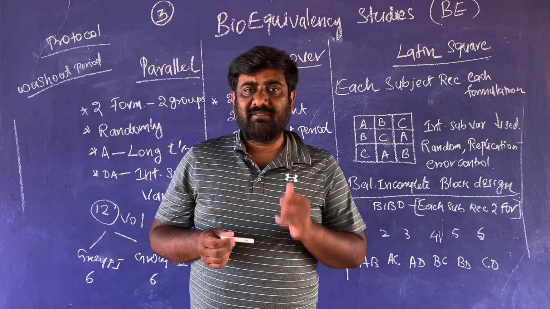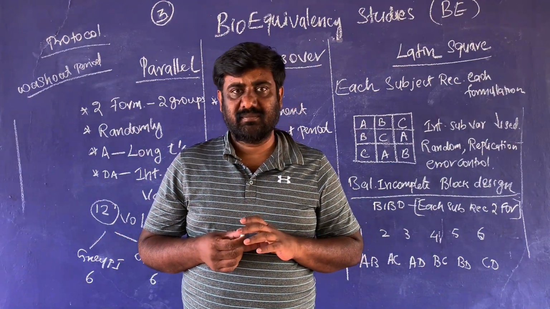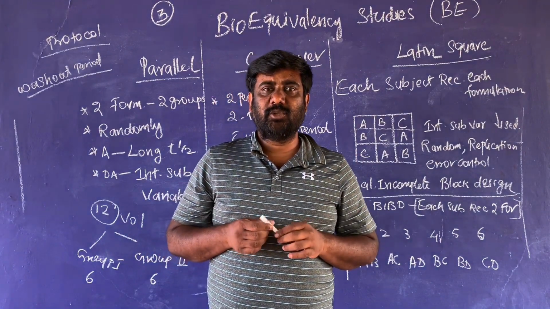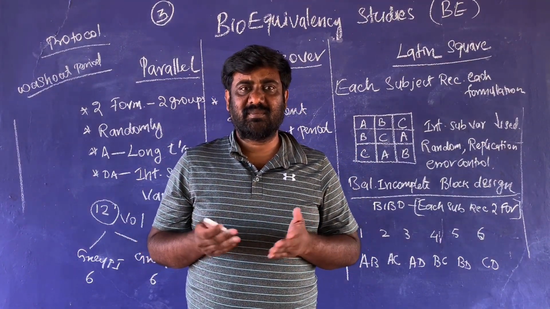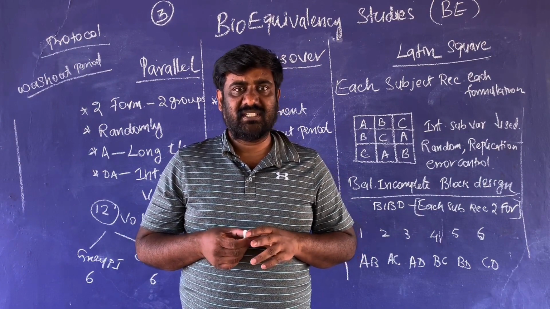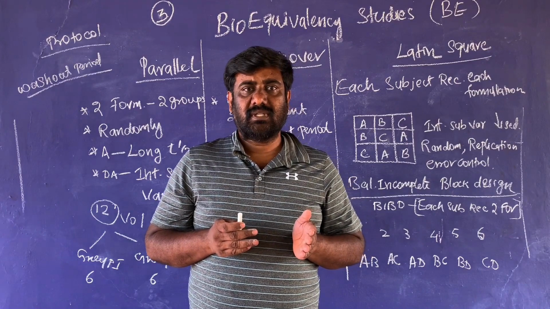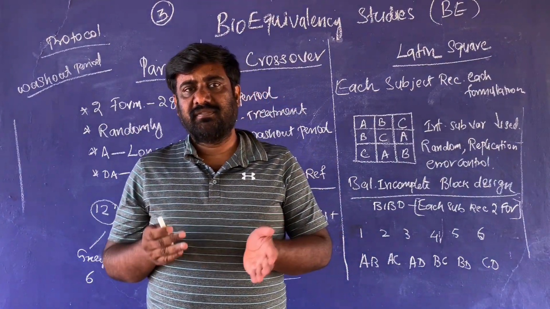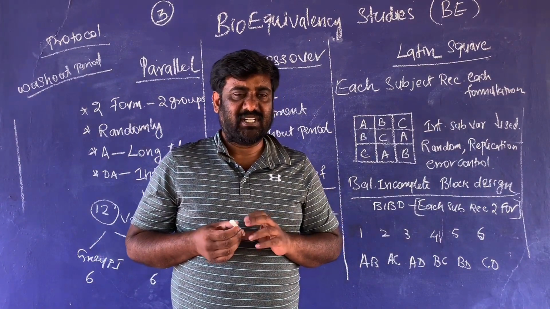Generally the in vivo study is done with healthy human volunteers. When selecting the human volunteers, we must use as few human volunteers as possible for the study. Second, the age group: people from 18 years to 50 or 55 years are selected as human volunteers.